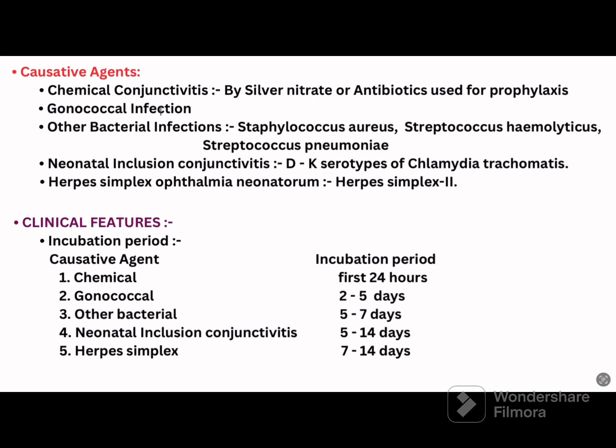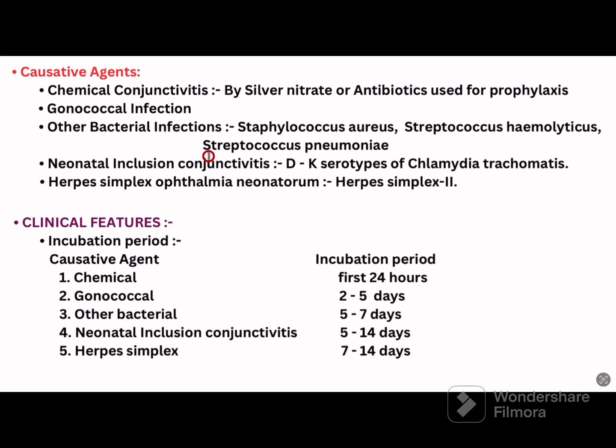Now, what is neonatal inclusion conjunctivitis? You have already learned in the last lecture, chlamydia trachomatis causing trachoma. If you remember the classification of chlamydia, then D to K serotypes of chlamydia trachomatis are responsible for neonatal inclusion conjunctivitis, right?